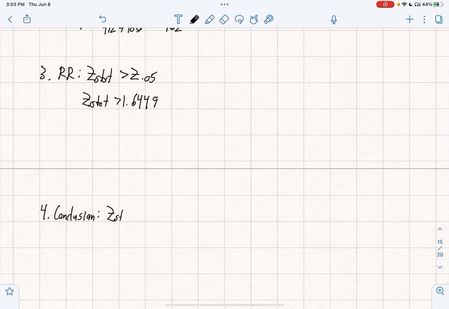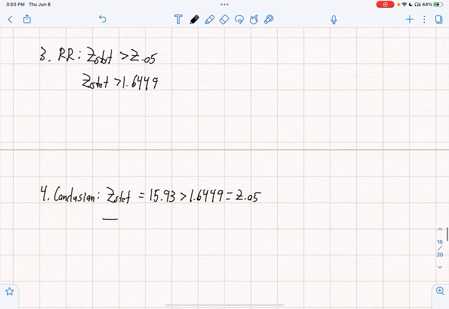So z-stat is equal to 15.93, which is bigger than 1.6449, which is our z.05. And so we will reject H naught, accept HA.